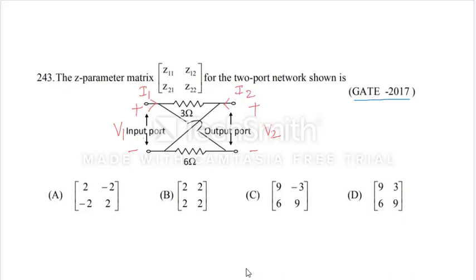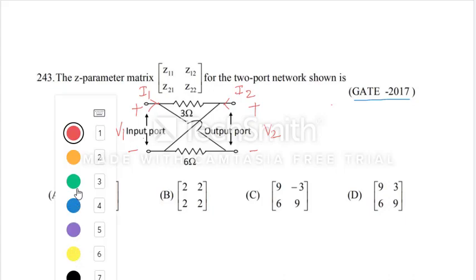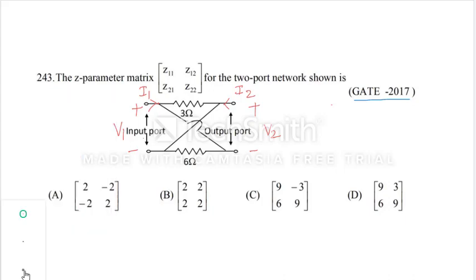Now if you observe carefully, I call these nodes A, B, C and D. Between A and C I don't have any element, so this is a shorted path.